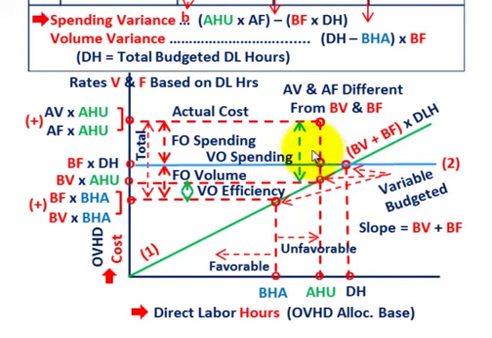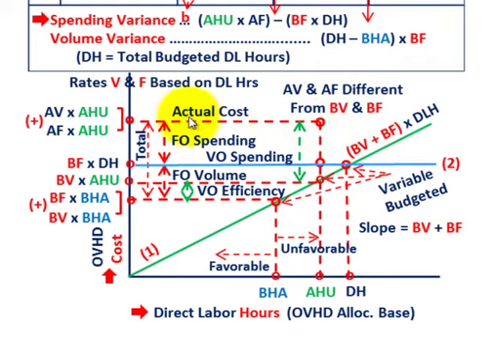And then if we move up to the point above both our blue line and our green line, this represents our actual cost, because what we're looking at here are the actual variable rate and the actual fixed rate. They're different from the budgeted variable rate and the budgeted fixed rate.